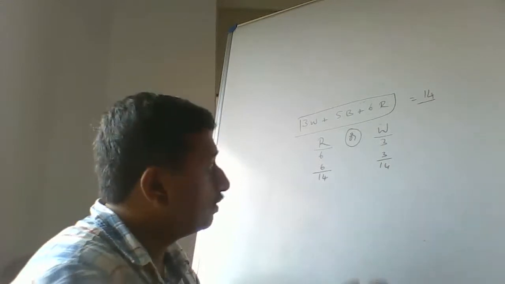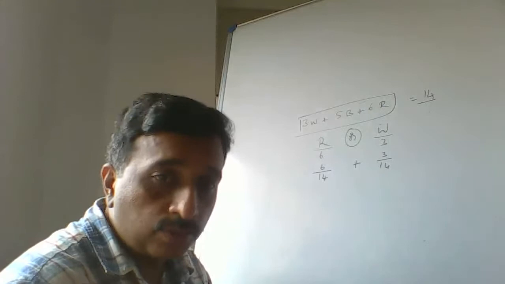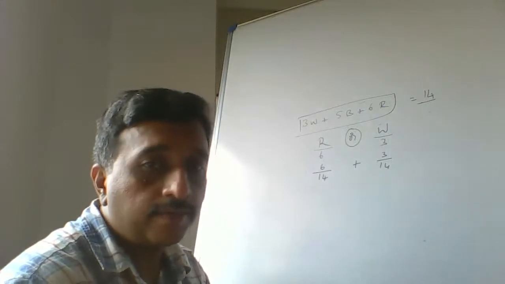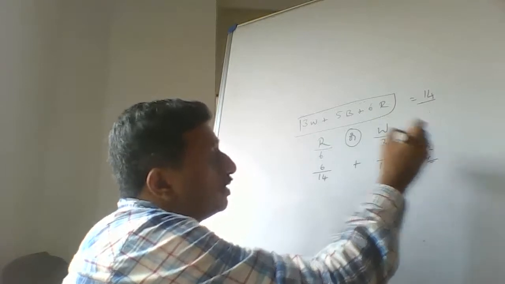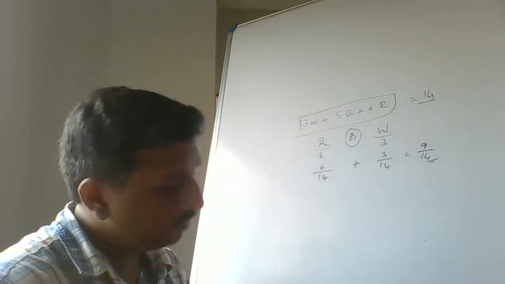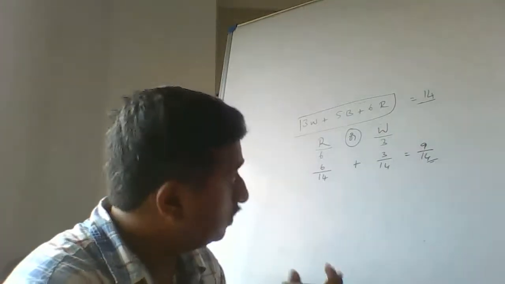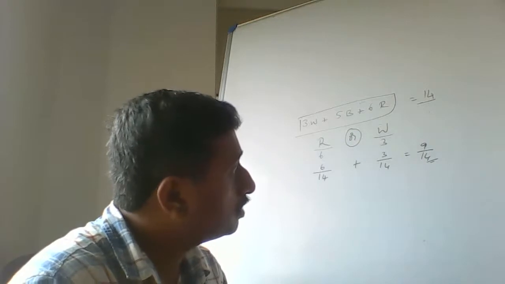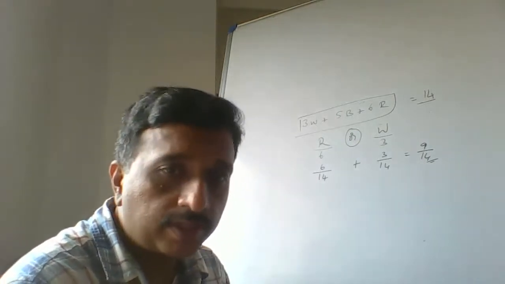So or becomes adding these two separate events, which is 9 by 14. So this is the result. Can it be simplified further? I don't think so, because 14 is 2 into 7 and 9 is 3 into 3. So 9 by 14 is the perfect answer for this.